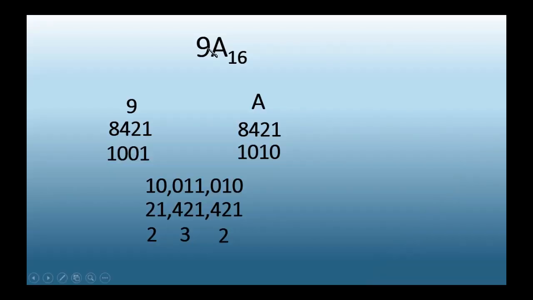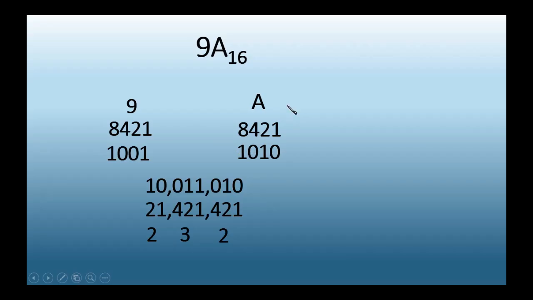Let's go to this link here, 9A. We write this hexadecimal number, 9 and A. I think you can remember in grade 10 we did this 1 2 4 8, 1 2 4 8, because this hexadecimal value has four places and needs 4 bits.